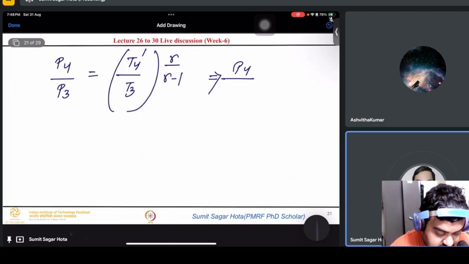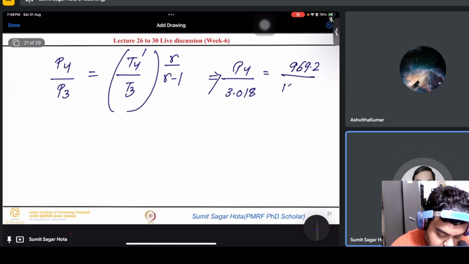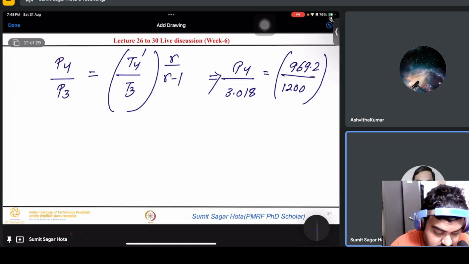P4 by P3 is 3.018, 969.2 divided by 1200. But here you should note that we are operating under a different condition at 1200 Kelvin.